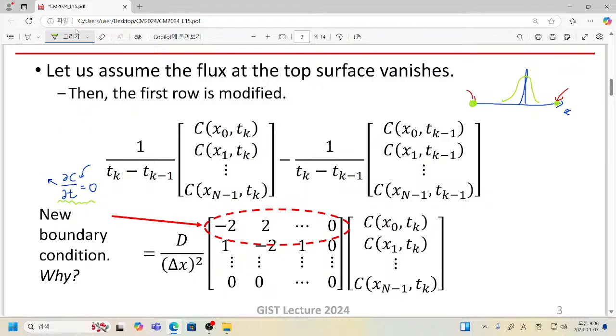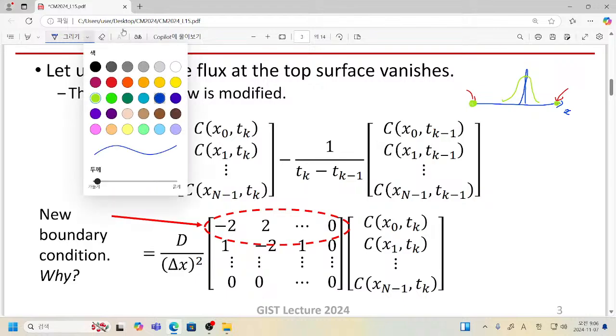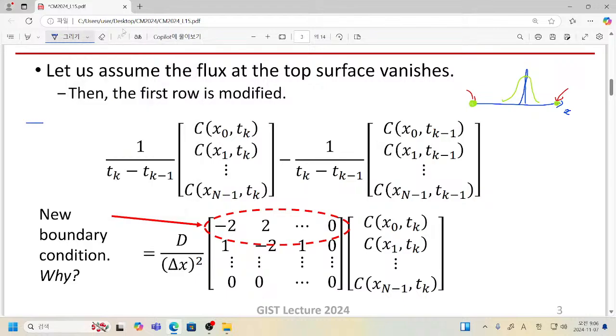But let me think about this case. If we select the boundary far away from the peak of our distribution, it's okay, but we have to consider a more realistic case like this. Let's say this is the silicon surface and here we have air or gas. In the usual case we introduce implanted dopants into our silicon, and they are not placed in the center of the silicon wafer.